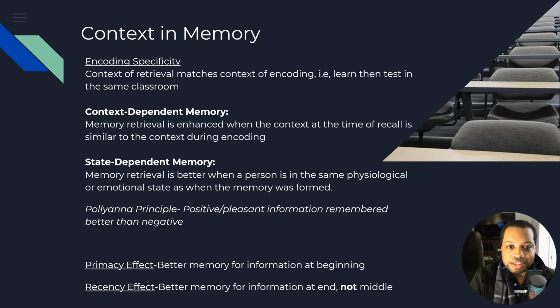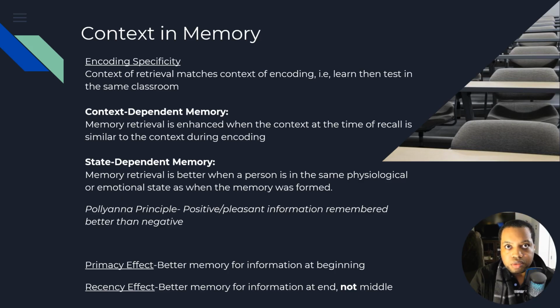Encoding specificity essentially relates to how retrieval context and encoding context, if they're matching, result in you being able to access that information more clearly or more readily. So, for example, if you learn in a classroom setting and then you take a test in a classroom setting, that's encoding specificity. The environment you're testing in is the same environment you learned in.